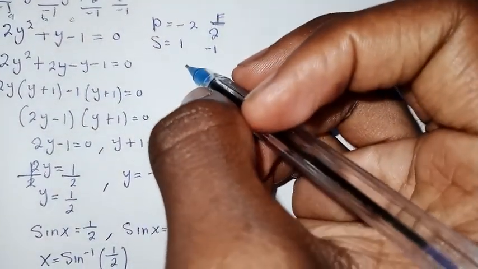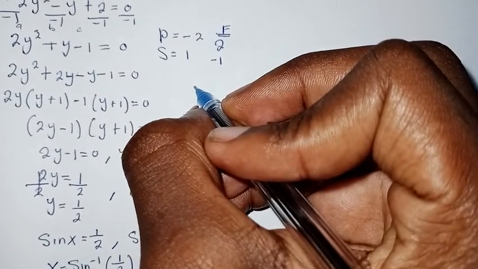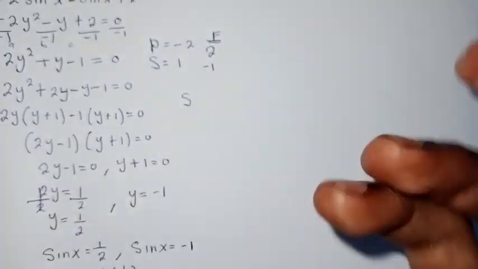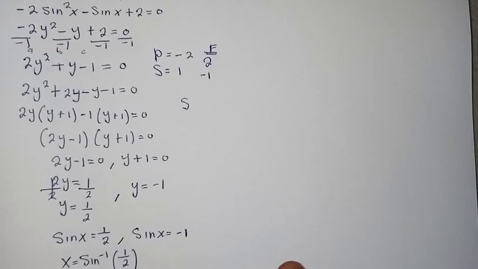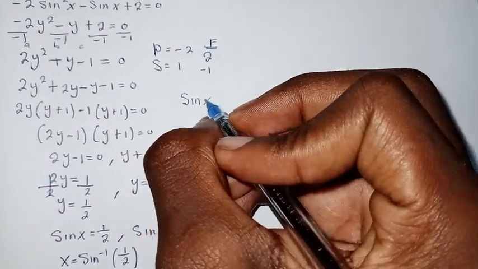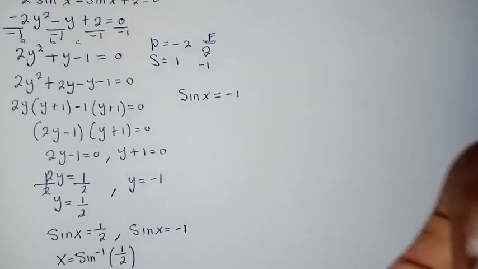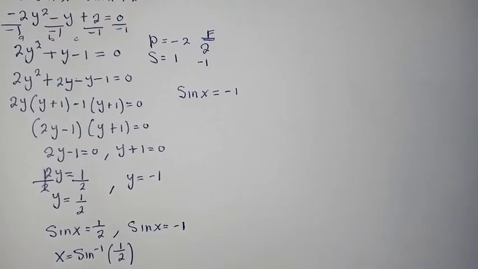So for the second part, we had sine x equal to -1. Sine x equal to -1.